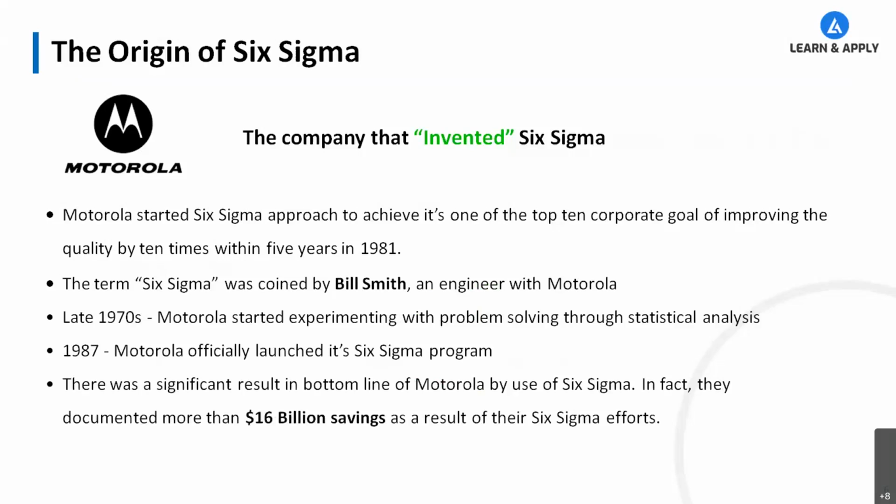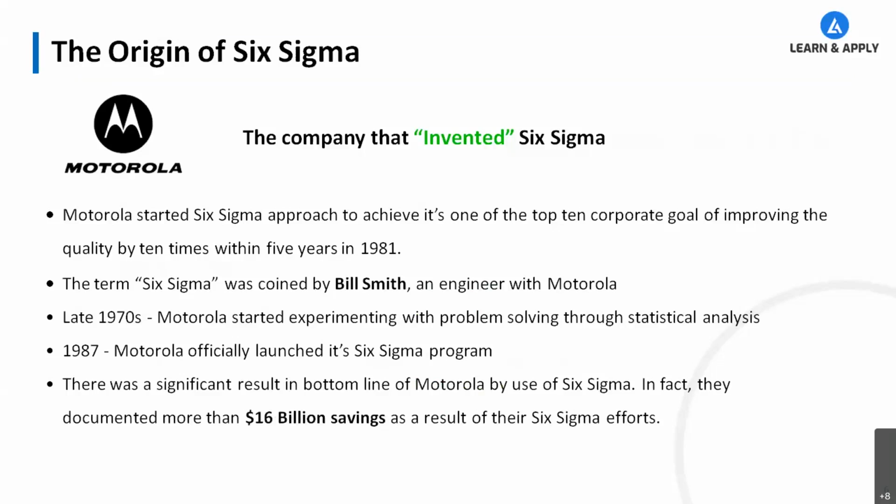And what are the benefits from this activity? There was a significant increase in their bottom line, and in fact they documented more than 16 billion in savings, and that too in the decade of the 1980s. So this is the potential that Six Sigma can offer to us.